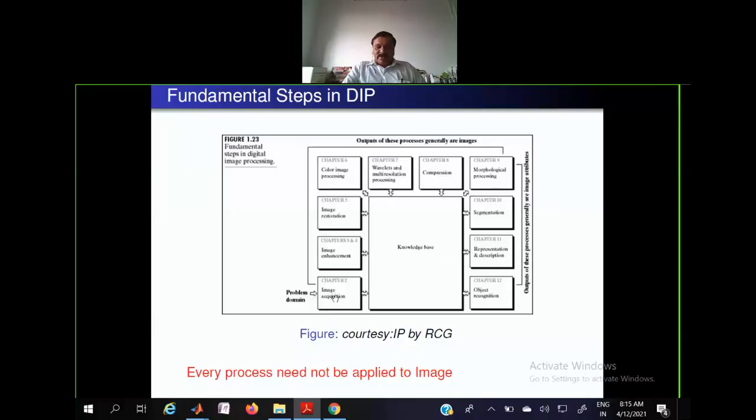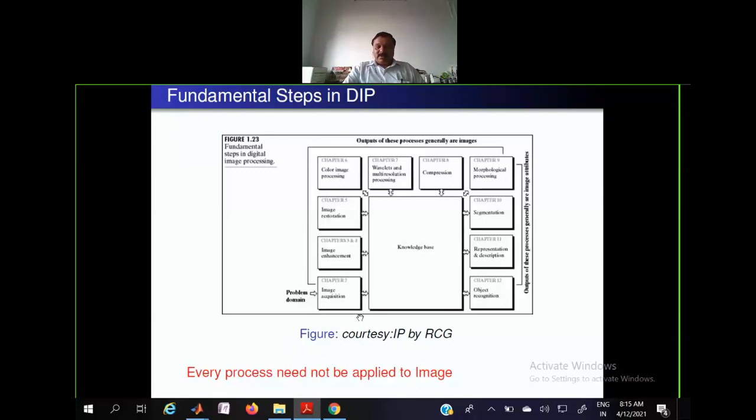Now if the problem is different, for example if I want to recognize the face of a person, then my image acquisition device will be a camera; it could be a still camera also. If my requirement is that I stand in front of the camera, it captures my face, and I start recognizing it. If ultrasound images are to be taken, then the device should be an ultrasound machine.